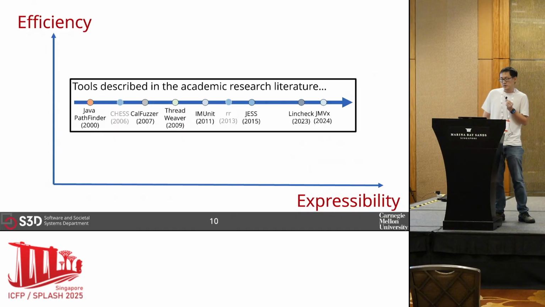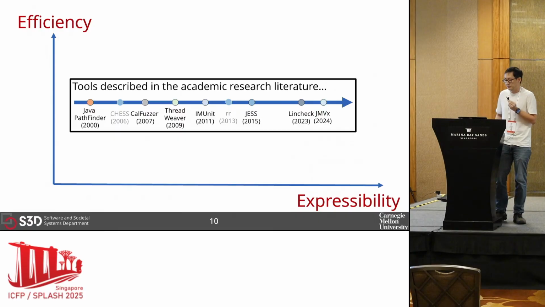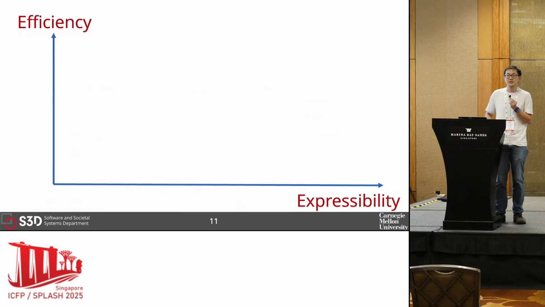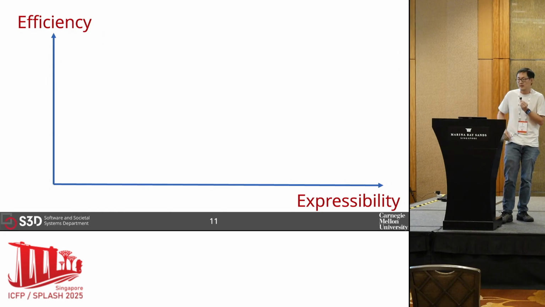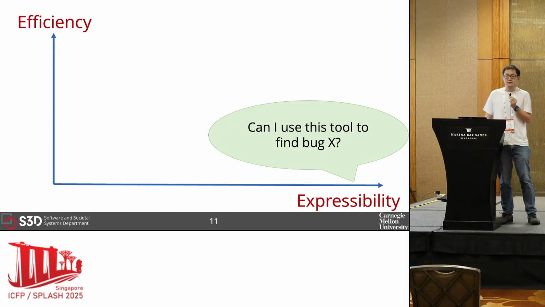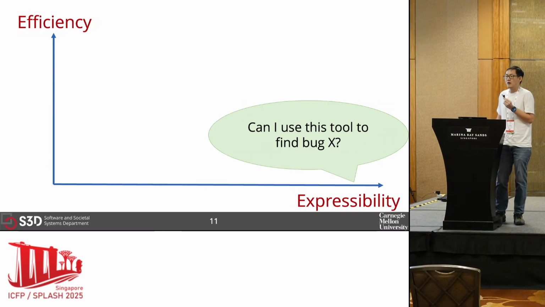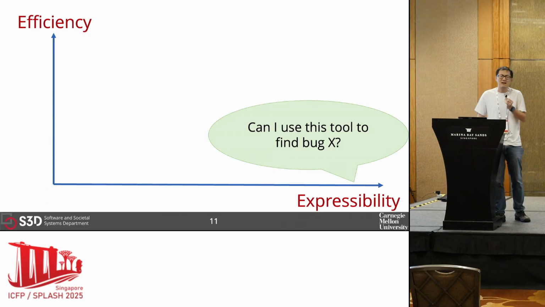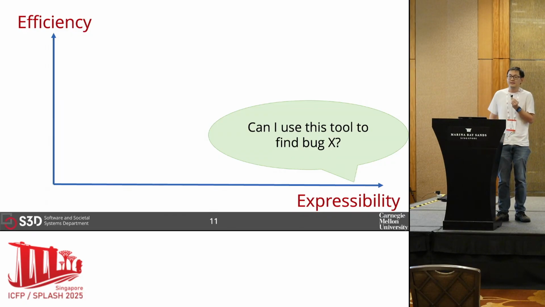To understand applicability, we put forward two requirements to make a tool really applicable. The first axis is expressibility, meaning: can I use this tool to find certain bugs? If your tool can only run a very limited number of programs, I can't really use it to analyze an application like Kafka.